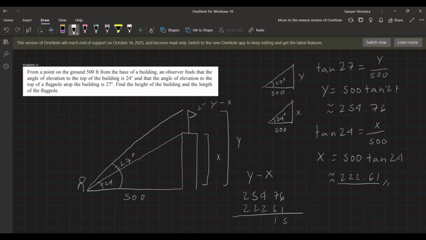That should be 32.15 feet. And these are your answers for the last item.